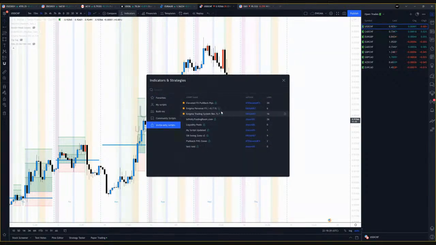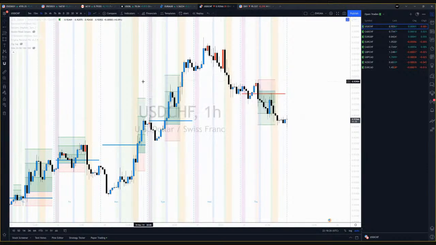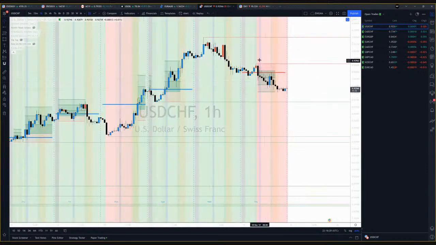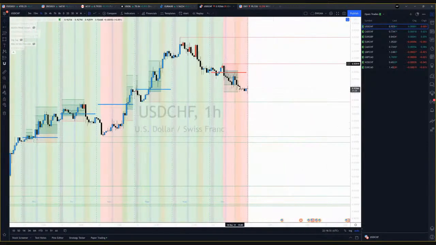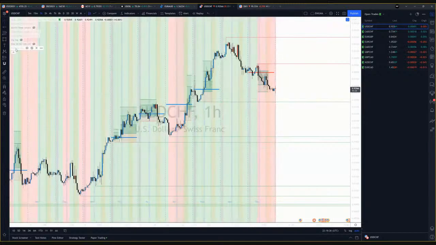There it is. Pullback pips is going to give you the direction. Notice that I pointed out that this should go down. Pullback pips is also telling you which direction it's going. It's showing you that we are bearish. You're supposed to be focusing on bearishness.